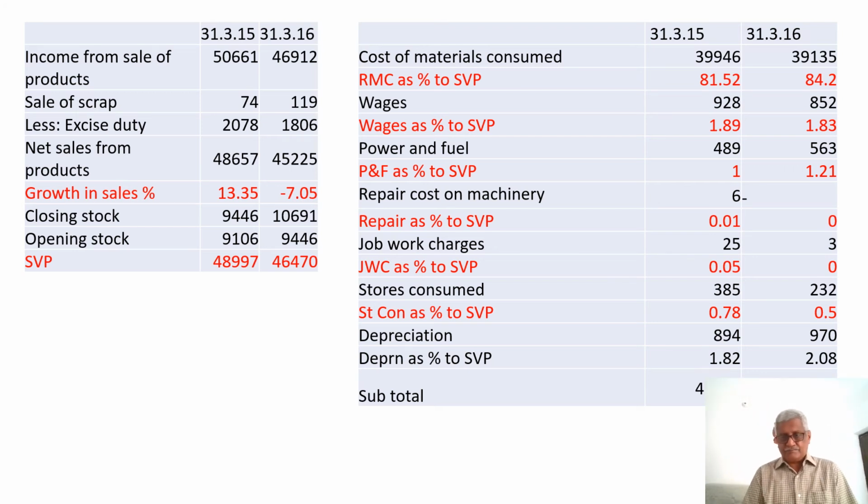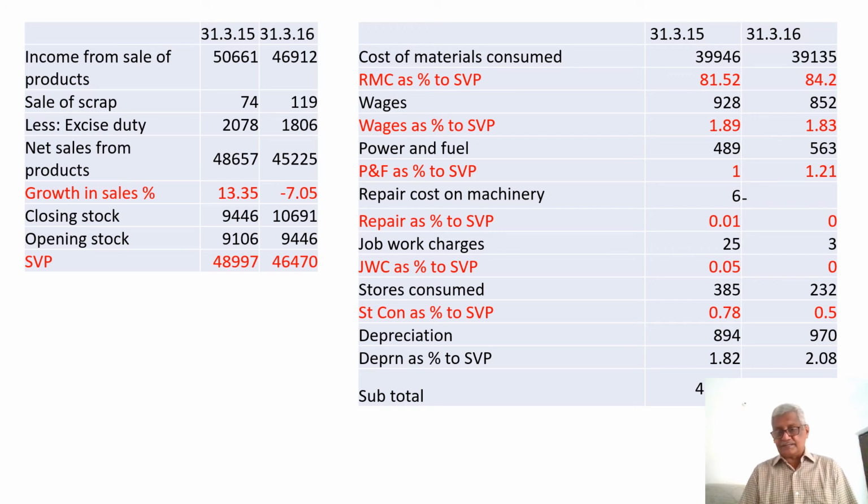Now here, the credit appraisal officer should think what could be the probable reason for the increase in the raw material cost. The one reason could be the input cost has increased, but the company is unable to pass it on to its buyers, maybe because the buyers are multinational companies.